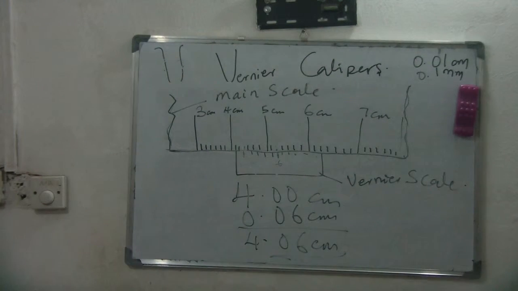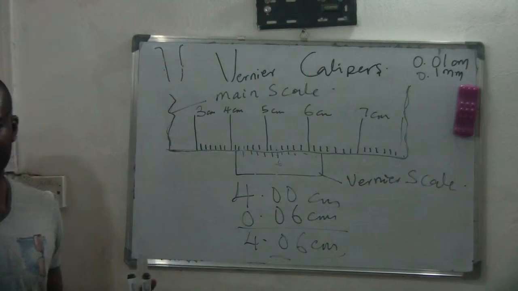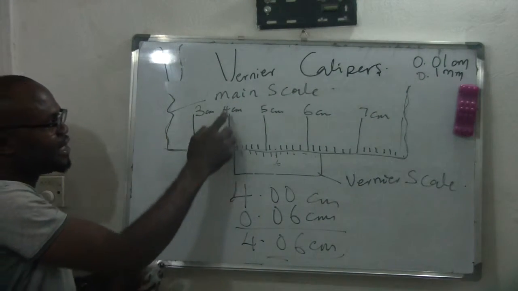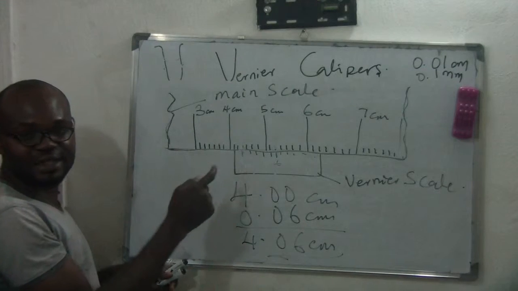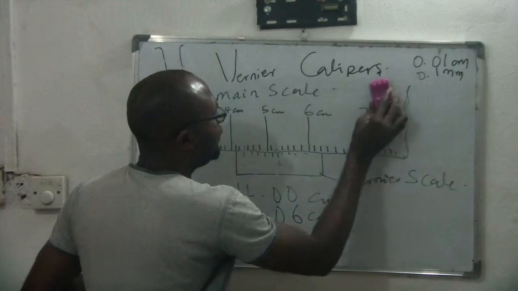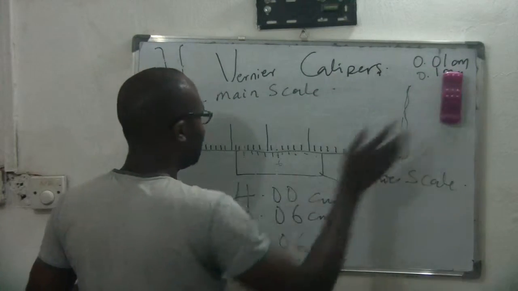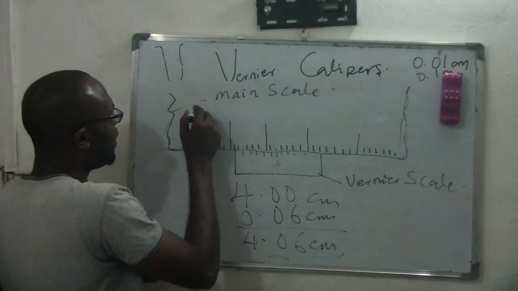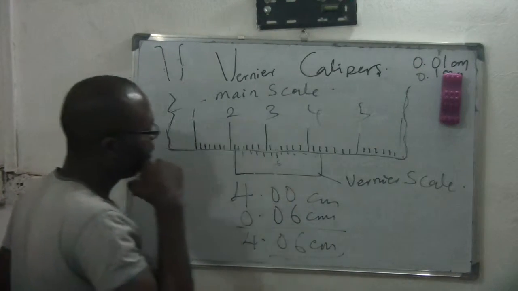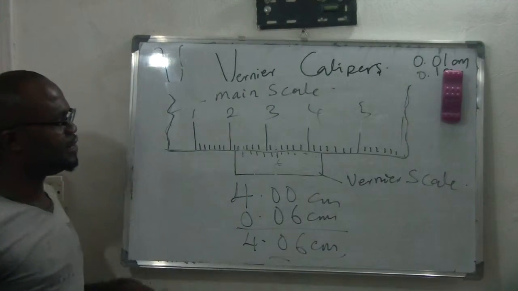Is that understood? It's very, very simple. Just take the reading before the vernier scale. Let's say, for instance, instead of having 3, 4, 5, 6, we have 1, 2, 3, 4, 5. What would have been the reading here?